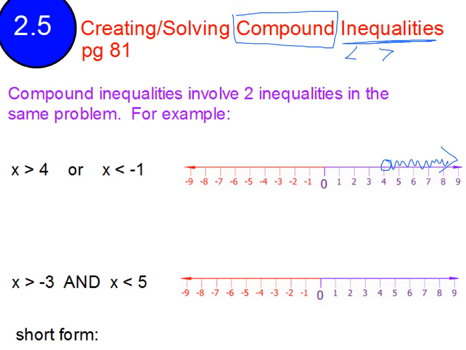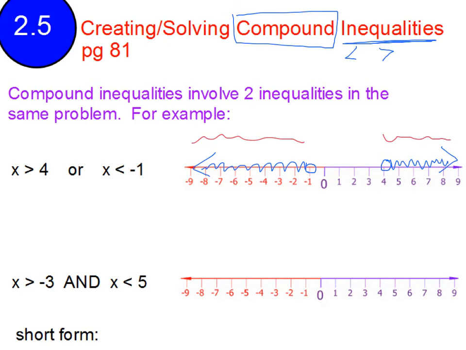Or another possibility might be that x is less than -1. So that's another open circle, and I want all the x's that are less than that. That's anything down this way. And so x can actually fall anywhere in this range here or in this range here.